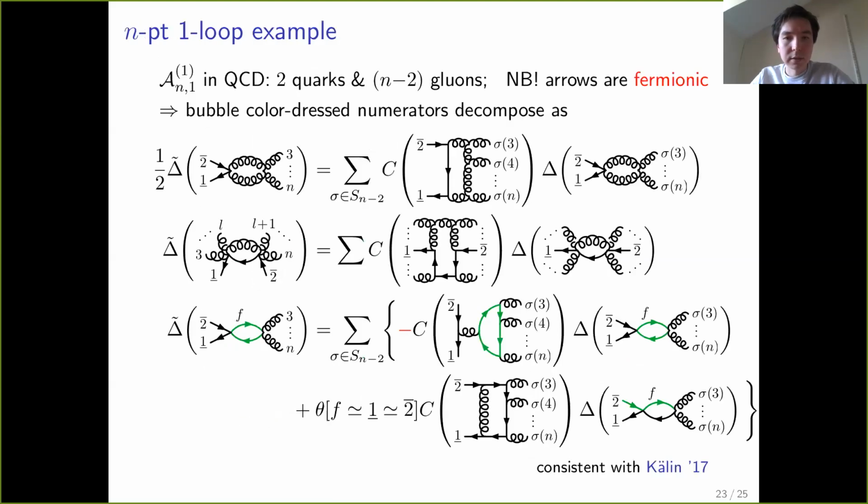As an example, I can show you how bubble color dressed numerators color decompose for an amplitude that has 2 quarks and n-2 gluons on external legs, but can have anything in the loop.